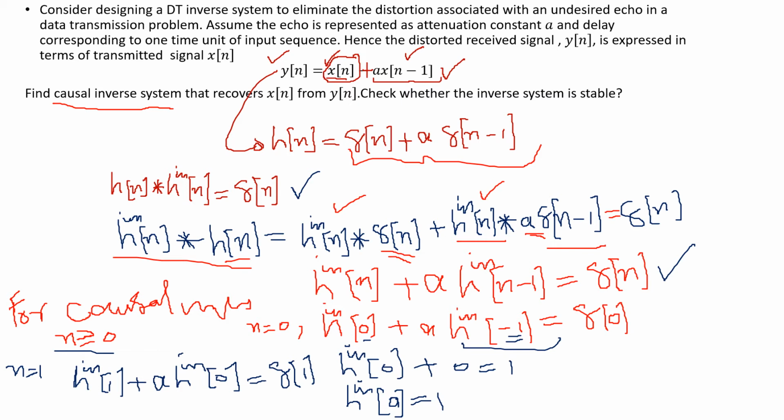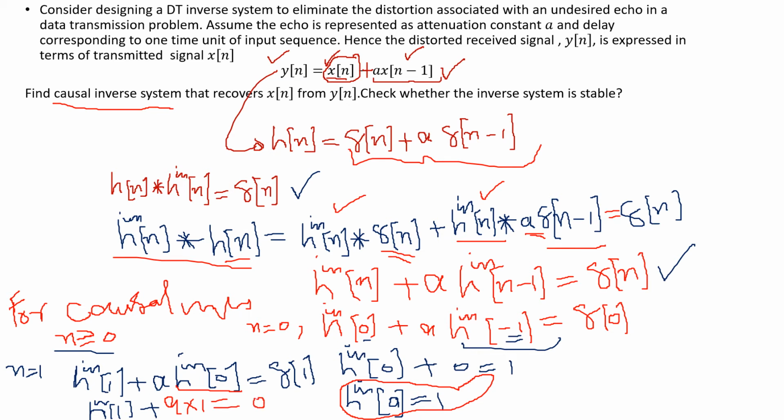So h inverse of 1 is equal to, plus, what is the value of h inverse of 0? We have got h inverse of 0 equals 1. So it will be a times 1, and what is the value of impulse of 1? It will be 0.